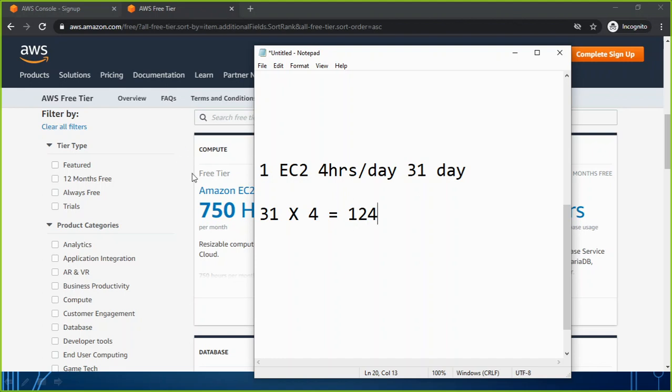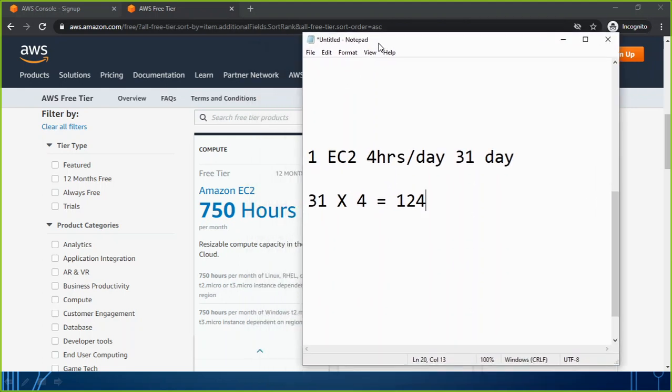And how many hours do you get from Amazon? 750 hours. So do you think at the end of the month you will be charged anything? The answer is no. You don't have to pay any amount to run this instance, because you have only run your instance for 124 hours and Amazon offers you free up to 750 hours.